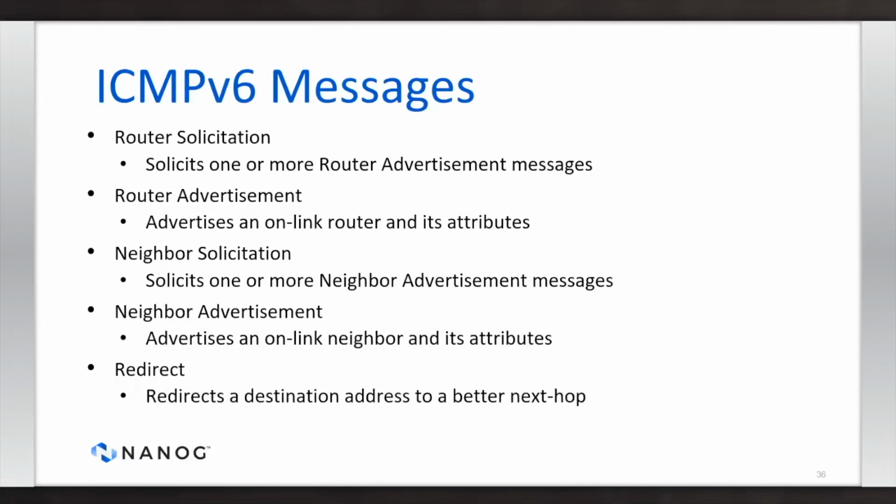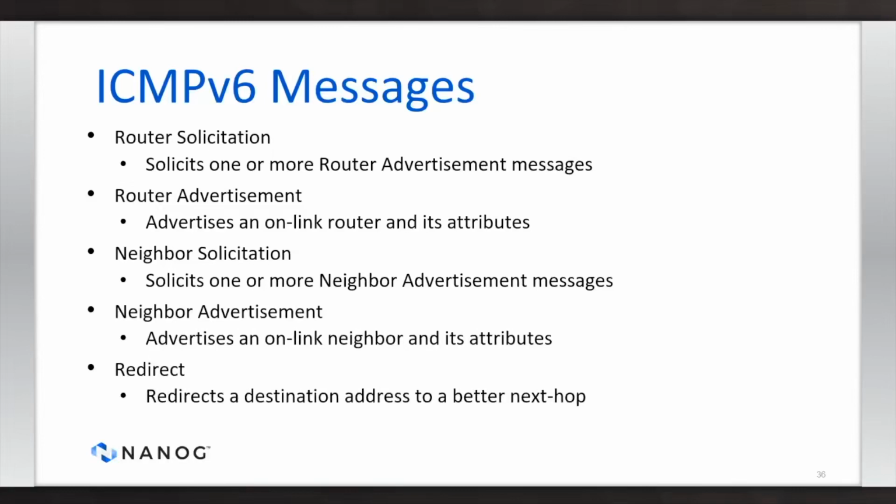There's a router solicitation that solicits a router advertisement from whatever router is on link. These are all on-link messages. They'll never be forwarded off-link. So you send a router solicitation hoping to get a router advertisement back, so you'll know the address and MAC address of the local router. The advertisement gives you exactly what you asked for in the router solicitation.